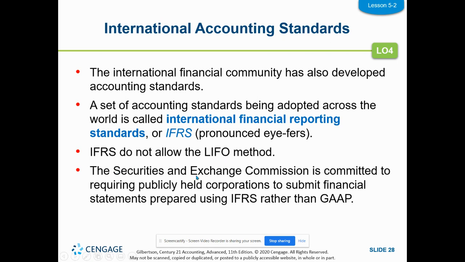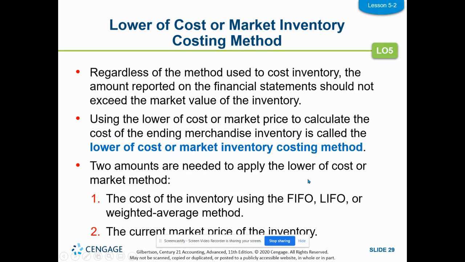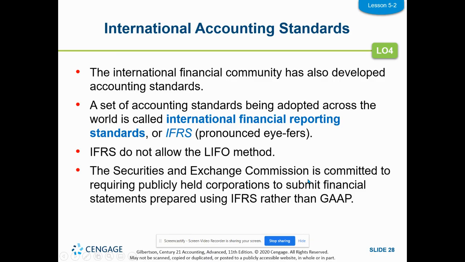So the Securities and Exchange Commission, it says, is committed to requiring publicly held corporations to submit financial statements prepared using IFRS rather than GAAP, because a lot of corporations are traded internationally. So you have to follow those international laws.